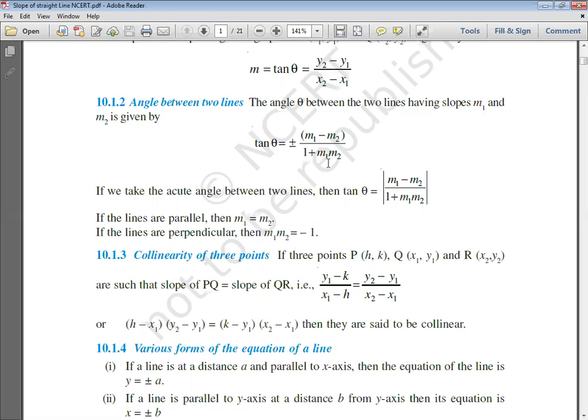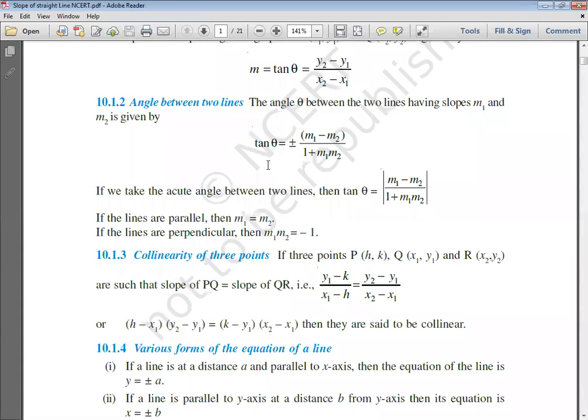So we can understand that to have the angle between two straight lines, we must have their slopes. If we know the slopes of two lines, we can compute the angle between the lines using this formula.